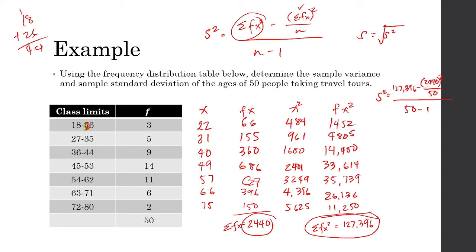So, compute na ako, class. So, we have the 127,396 minus 2,440 square.